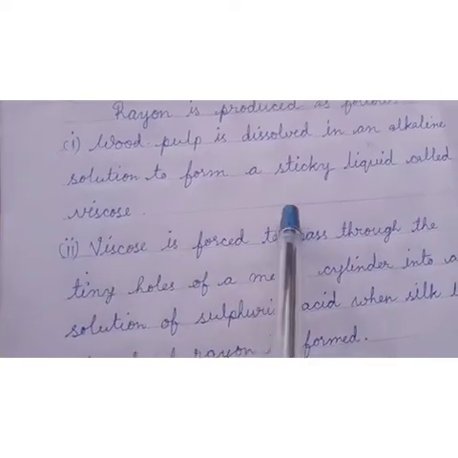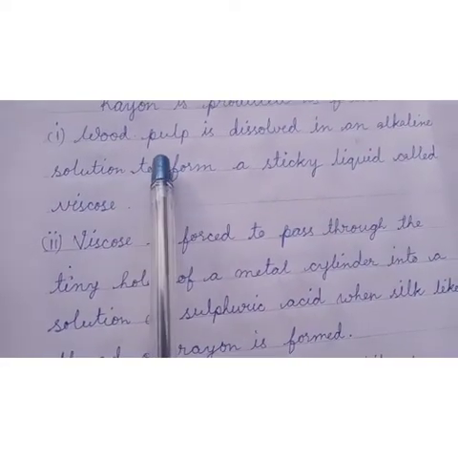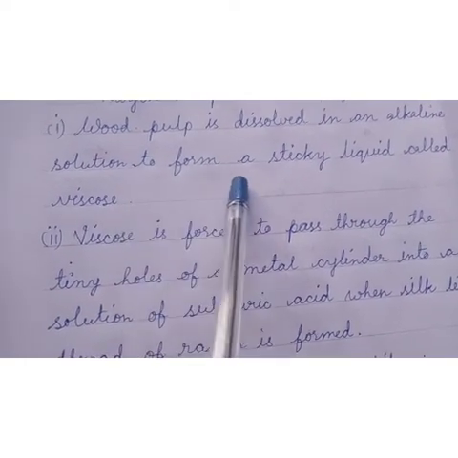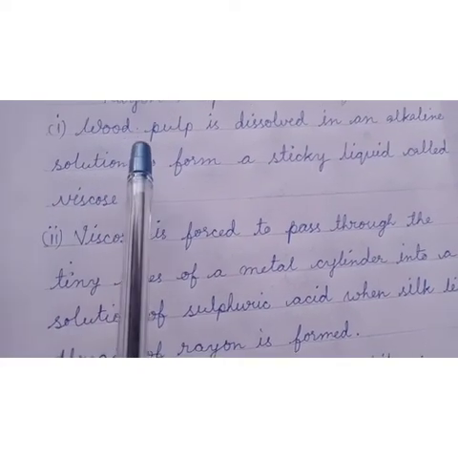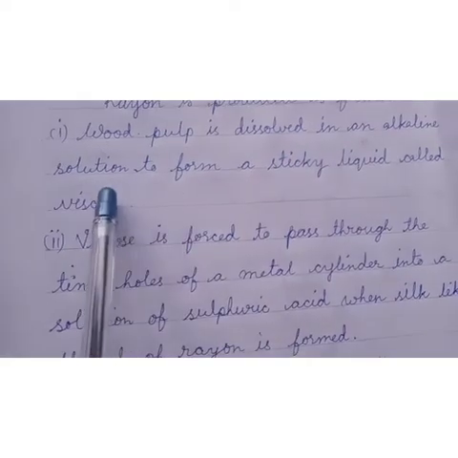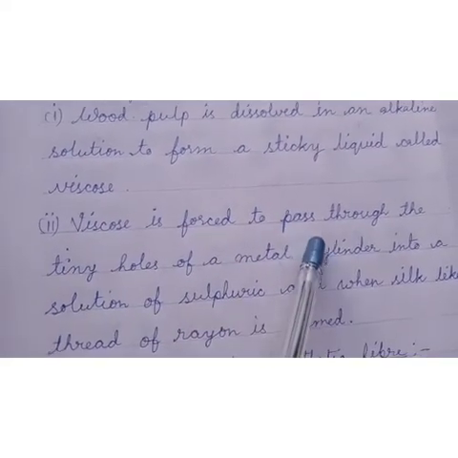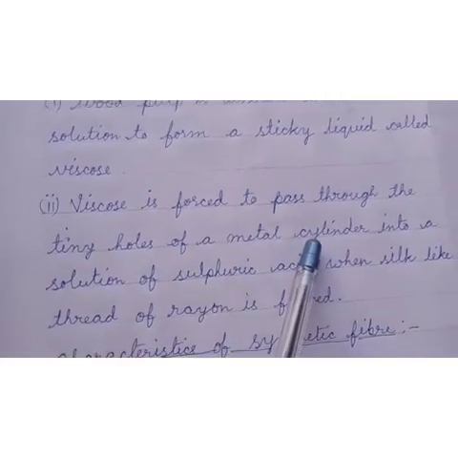base. So we make an alkaline solution and wood pulp is dissolved in the alkaline solution to form a sticky liquid which is called viscose. So the mixture of wood pulp and alkaline solution is called viscose. Viscose is forced to pass through the tiny holes of a metal cylinder.